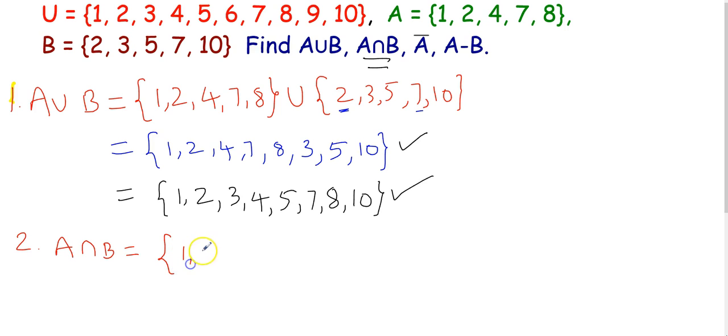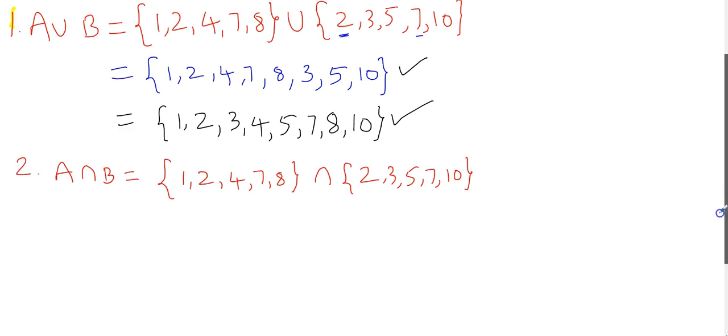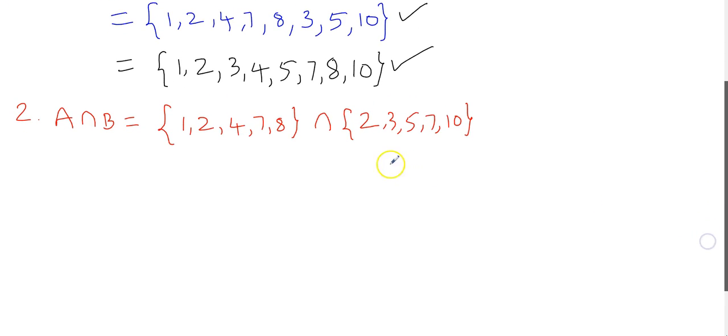That is 1, 2, 4, 7, 8, intersection 2, 3, 5, 7, 10. I'm looking for the common elements between A and B. That's what the intersection means.